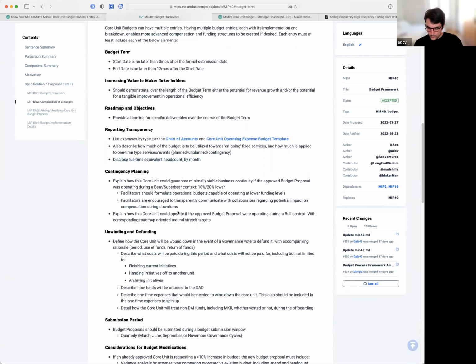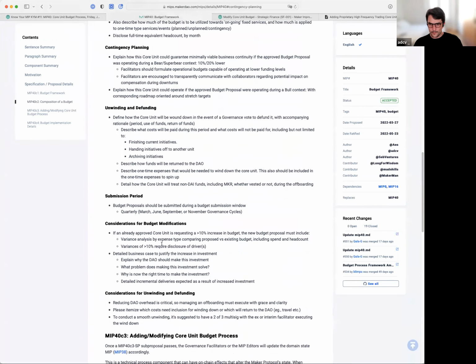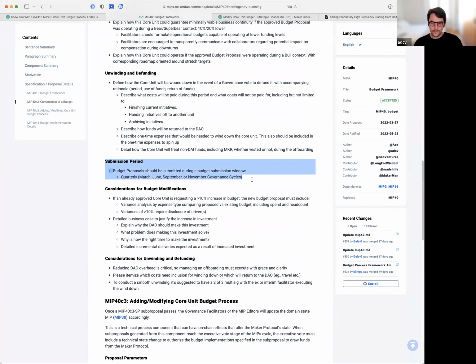Then the submission windows, I think, was another source of a lot of back and forth on the RFC. In the end, we asked for a lot of opinions, and we defaulted to the delegate view, which was that they don't want to see 10 budget requests every month.